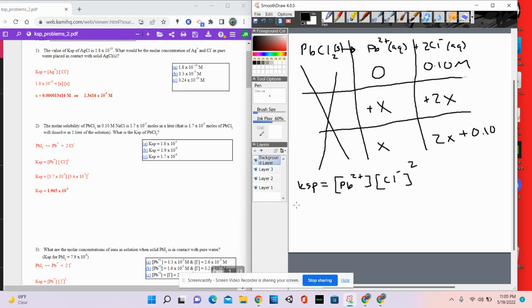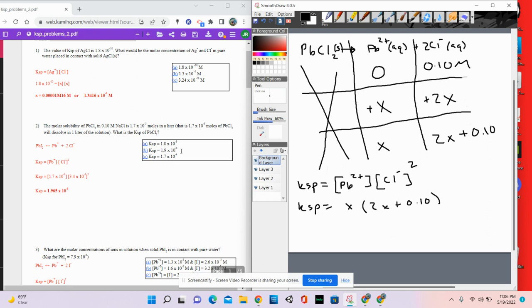Now, we can replace these concentrations with the values we have here, which is X times 2X plus 0.10, all squared.